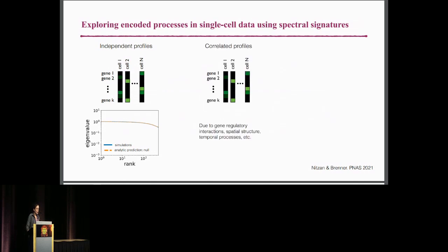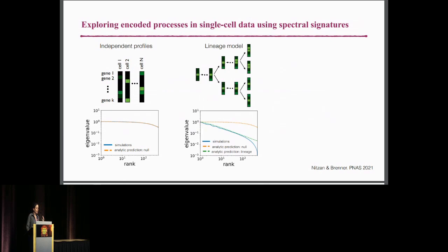My point here is that this is, of course, a non-biological scenario. If we have correlations within our data, either between genes due to gene-to-gene regulatory interactions, or between cells due to their spatial or temporal configuration, as we talked about before, we would expect different signatures.